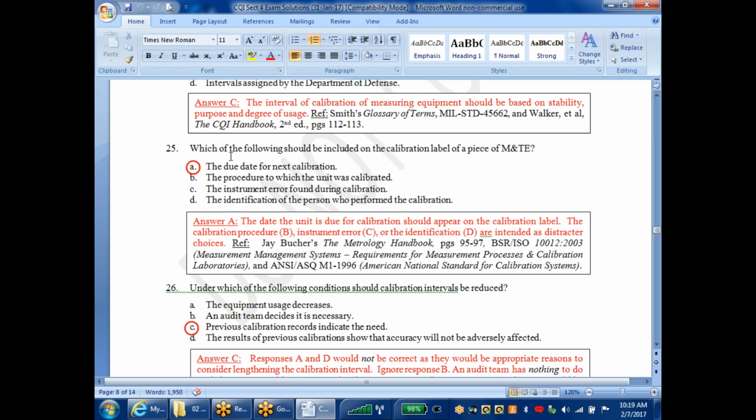We do a lot of times put names or initials on the piece of equipment for traceability, but that's really not what we're talking about. What's most important is the due date for next calibration.